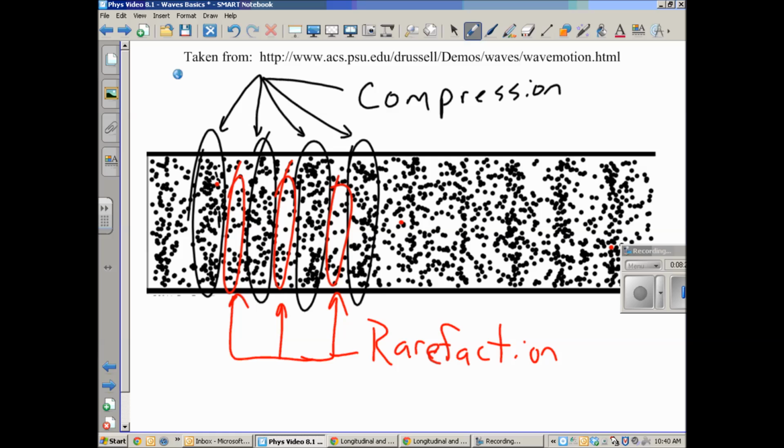Amplitude you really can't draw on this, because if you pick a particle, this particle, for example, is going to go back and forth, back and forth, back and forth. So the amplitude would be just half of that distance. So there you go. Those are the two different types of waves.